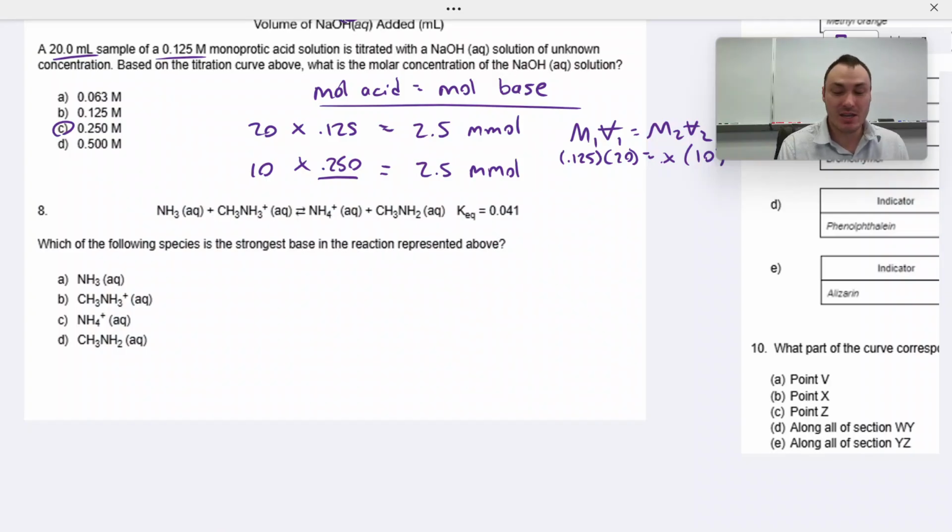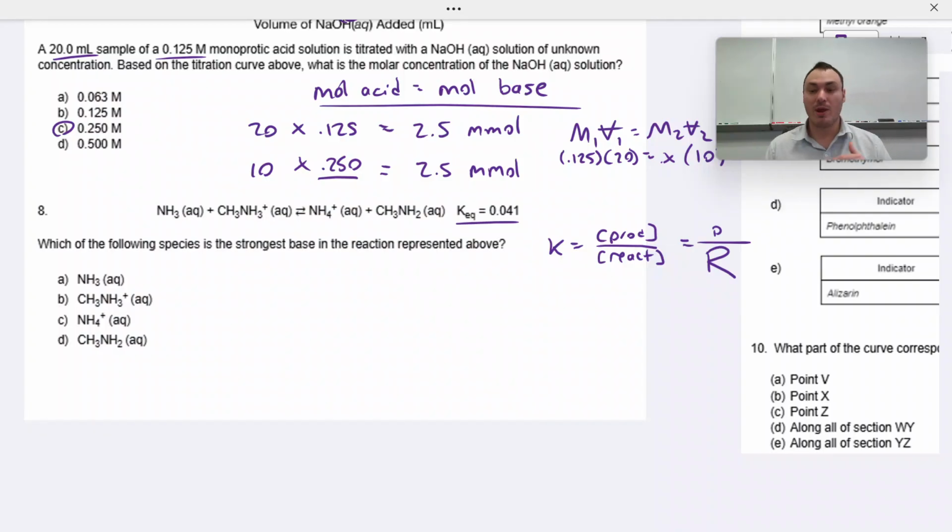We can see that based off the K. This K is very small. Remember from Unit 7, K is really just a measurement of product concentration over reactant concentration. If K is really small, at equilibrium we end up with way more reactants than products, which means our reaction is going this way. The reverse reaction is favored.